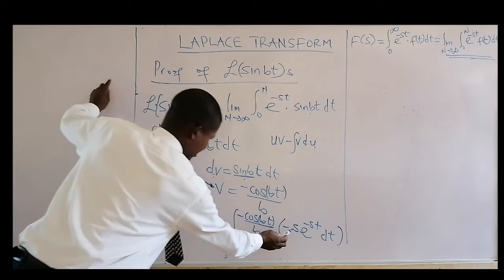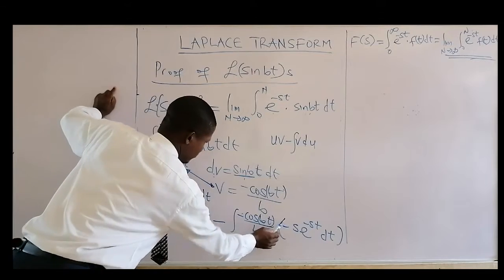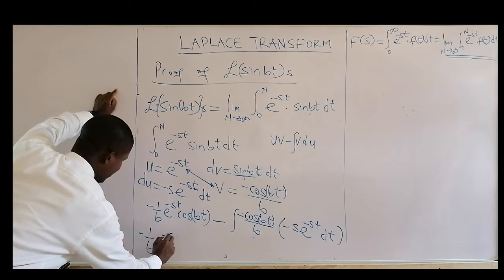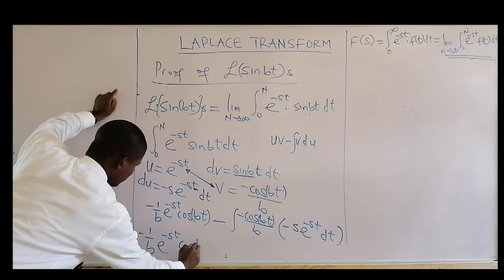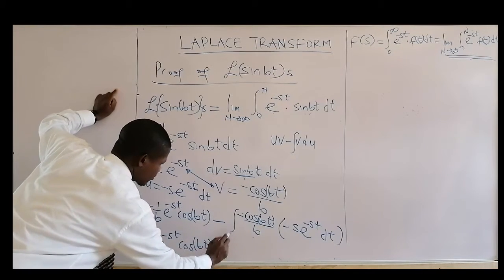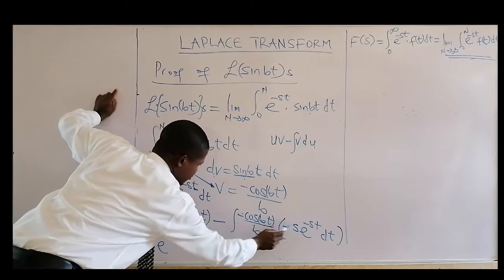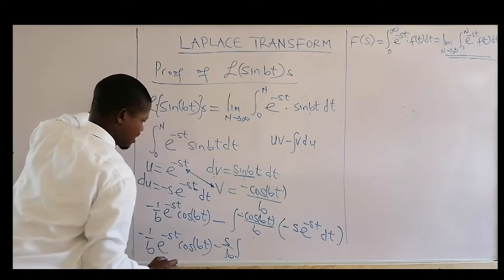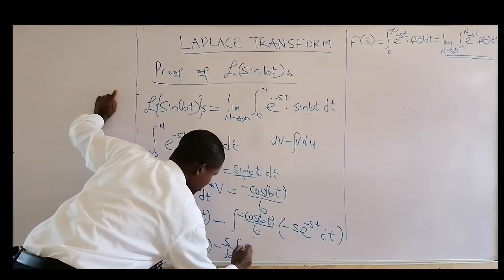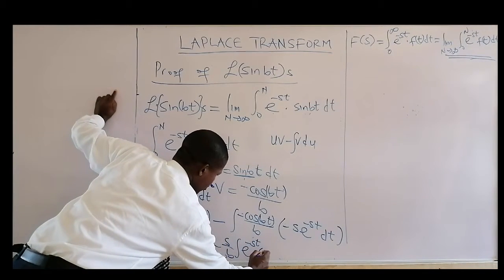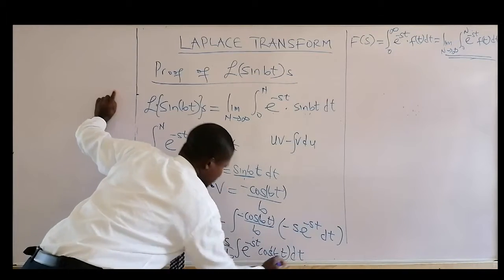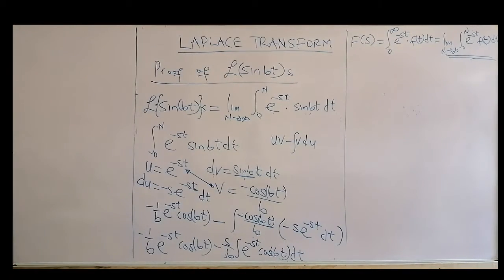So we can bring this constant s and b out. Minus times minus is a plus. So we now have minus 1 over b e to the minus st cos bt minus this times this, and bring this one out, that's s over b integral of e to the minus st cos bt dt. So we have that.